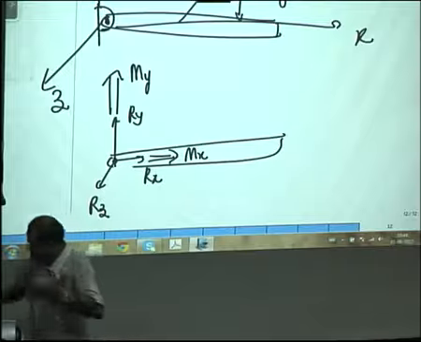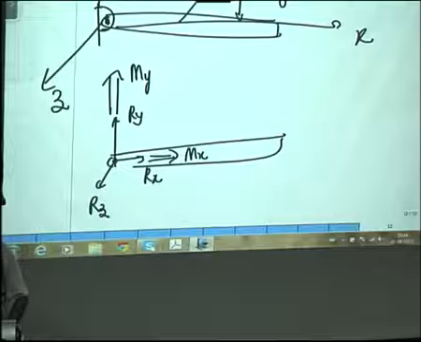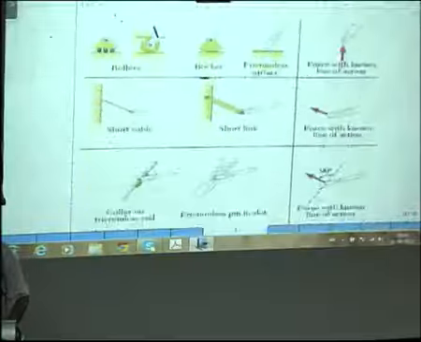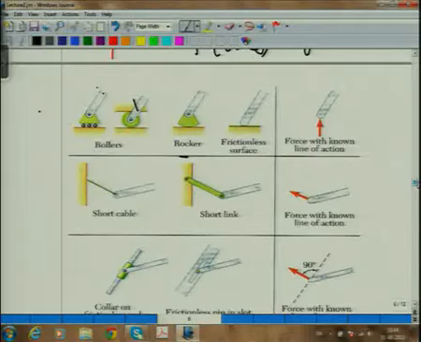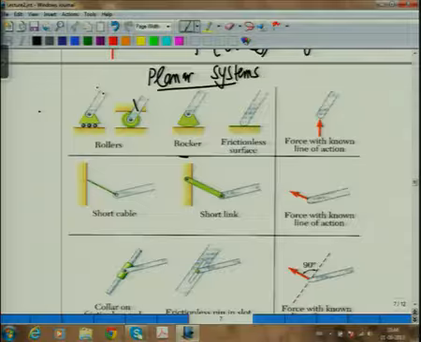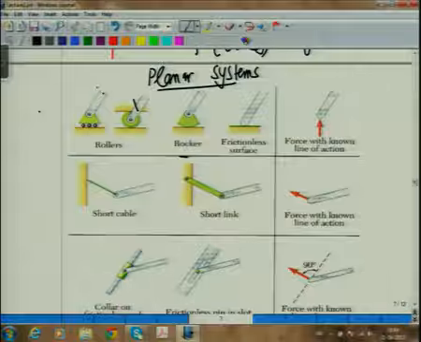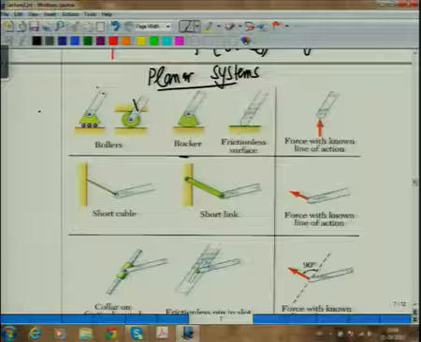Okay? Now, we look at some planar systems, different types of supports. We have support with a pin, but in this case the pin is not connected to the ground.